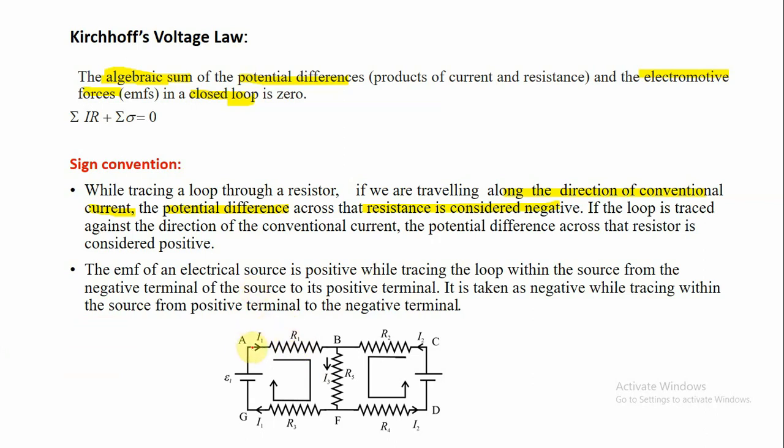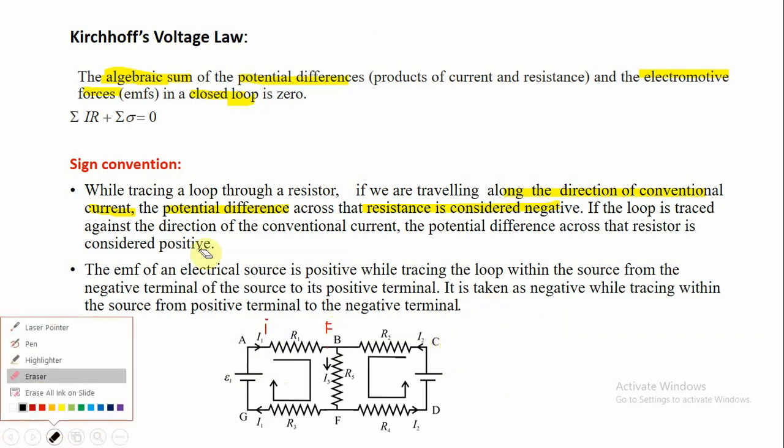If I am traveling from here and cross the resistor, this will be my initial position, and after I cross the resistor, this will be my final position. Now when we find a difference, we calculate delta, the difference.